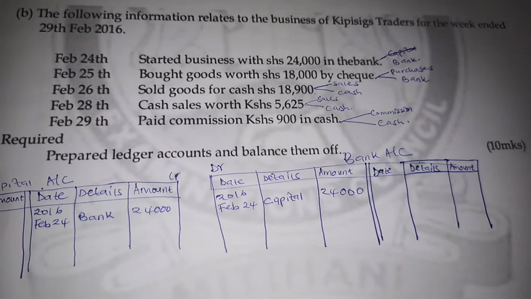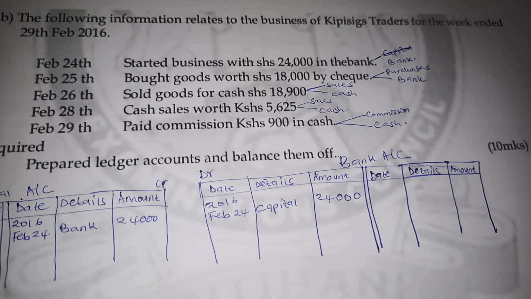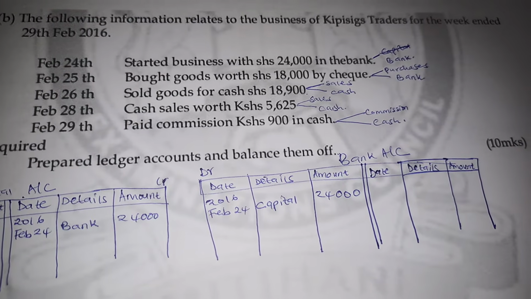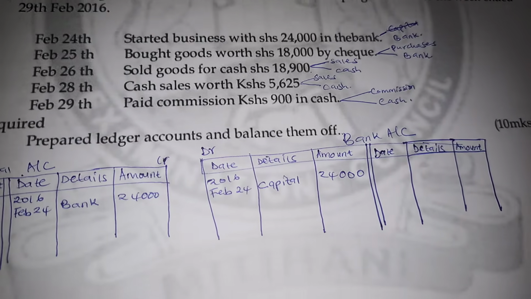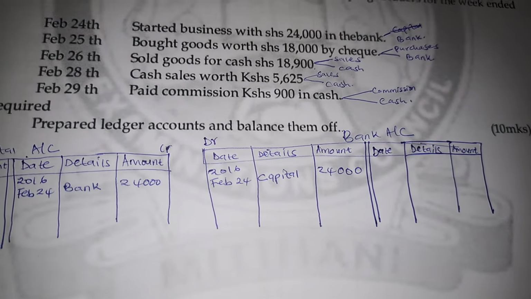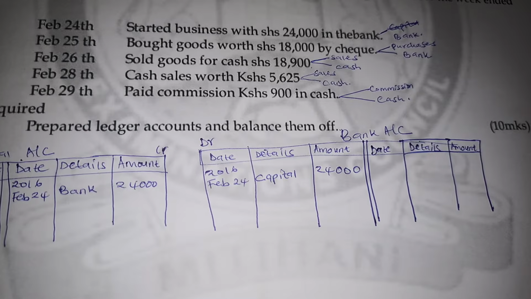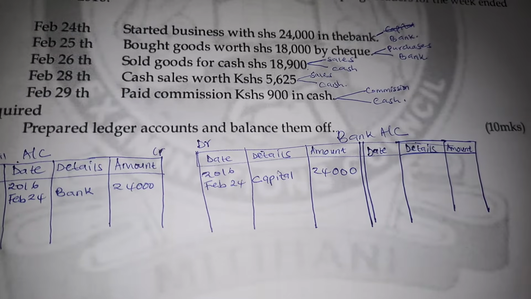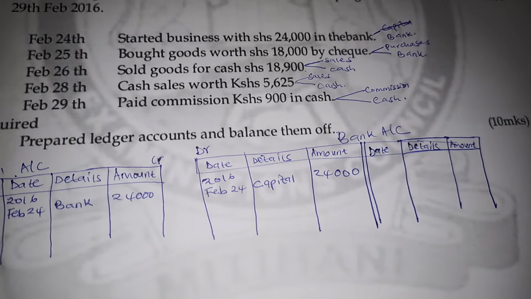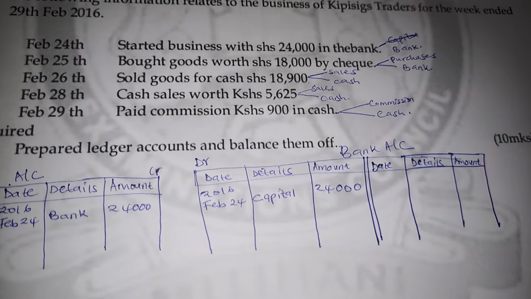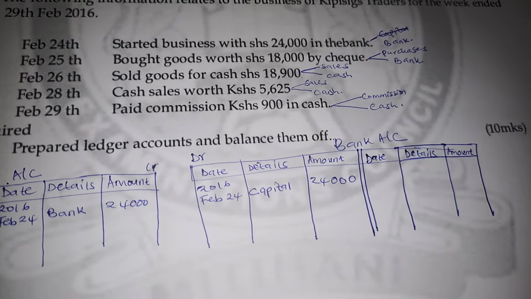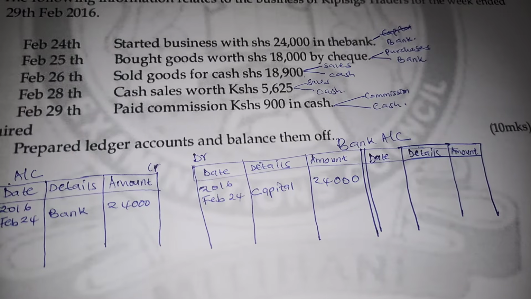Next, on the 25th, we are dealing with a purchases account and the bank account. Because you already have an existing bank account, we do not need to open another one, so we use the existing bank account. Bought goods worth 18,000 by check.